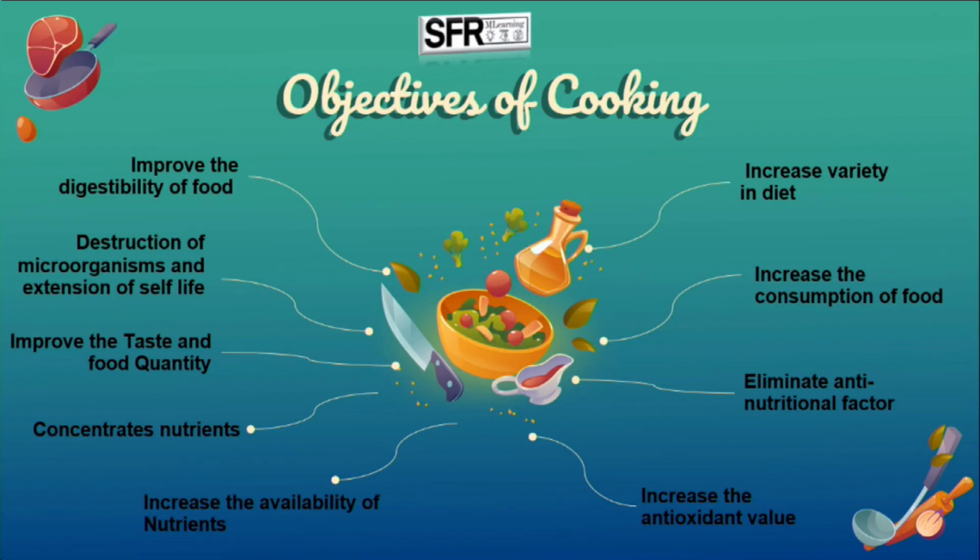Next, we cook to improve the taste and food quality of each and every food. Then we cook food to concentrate the nutrients present in the food. The next objective is to increase the availability of nutrients. Then we cook food to increase the variety of the diet in everyday life, and to increase the consumption of food.